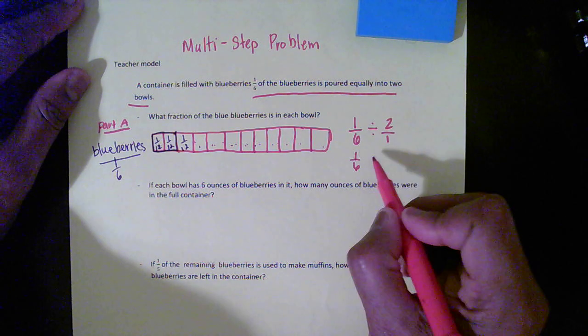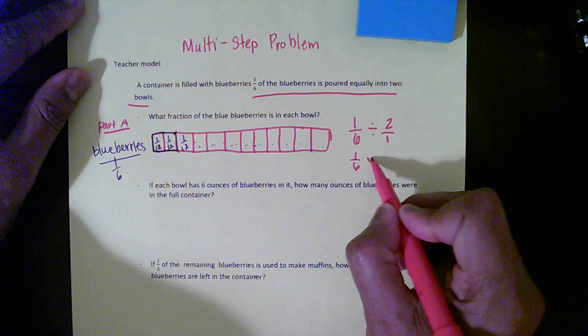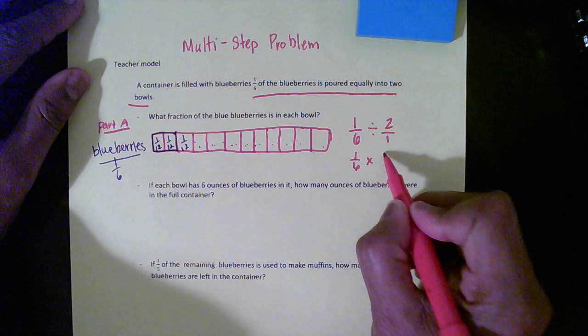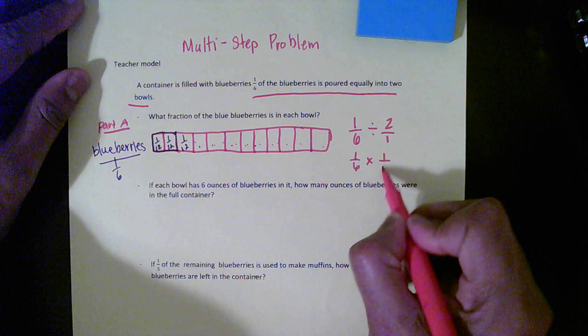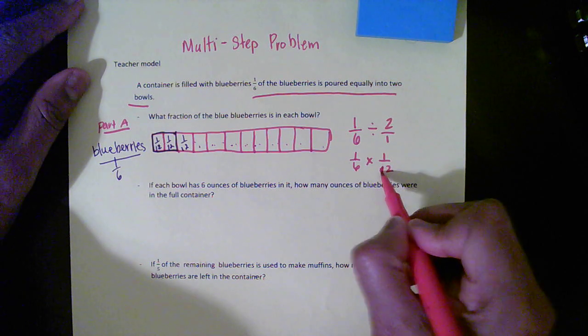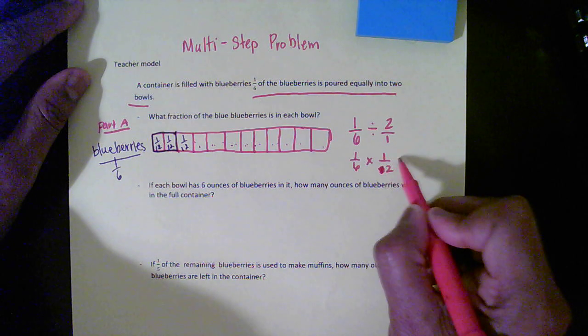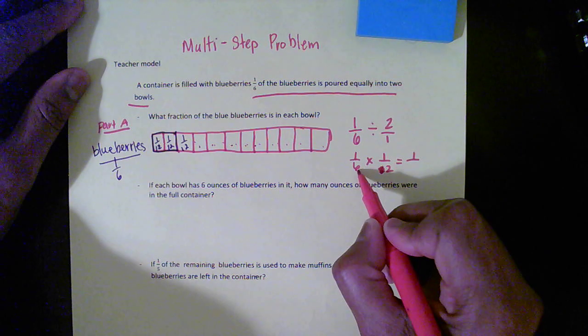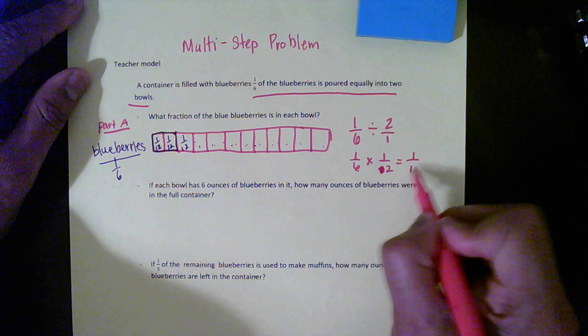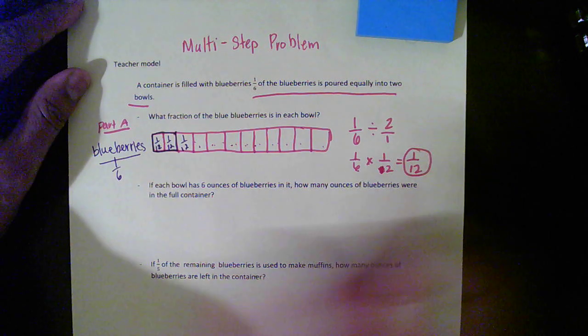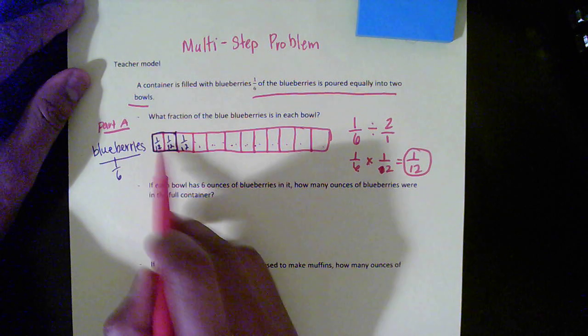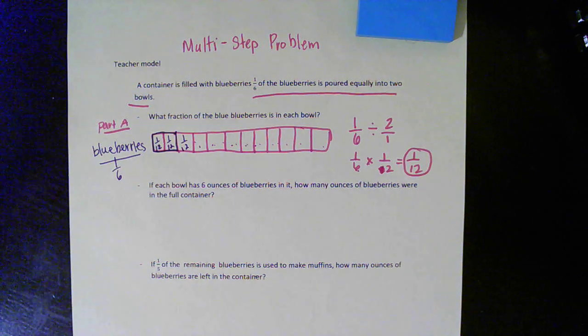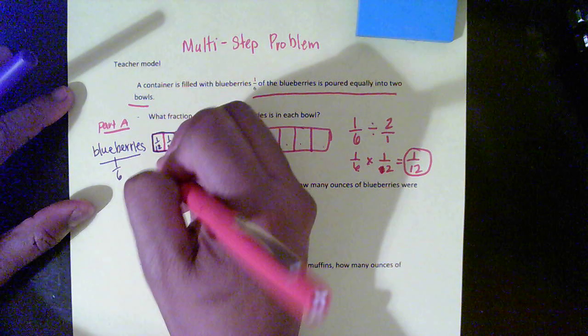I'm going to change this division into multiplication, and I'm going to flip this fraction. Oops, gave me the answer. So 1 times 1 is 1, and 6 times 2 is 12. Got my same answer, right? 1/12, 1/12.